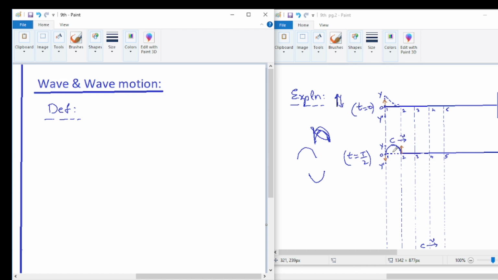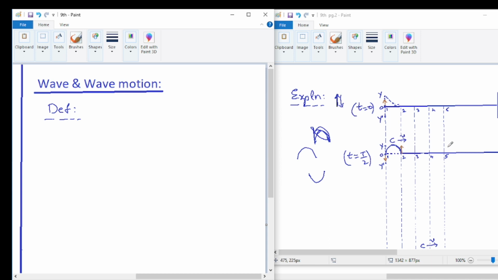The remaining part of the string, from particle 2 up to the right end, is completely undisturbed. But a little later, the disturbance that got created here immediately starts moving along the string towards the other end with a definite velocity.